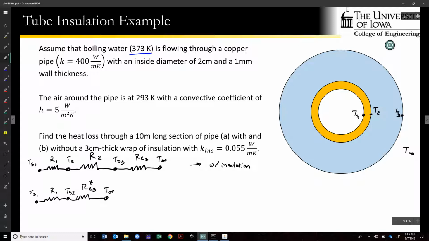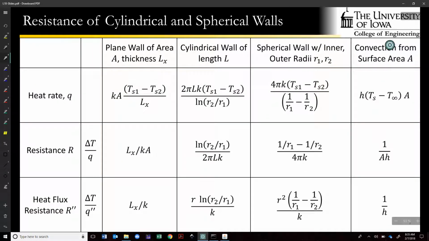Now this is the parting note from the last lecture. If you consider these two cases, we've got one with this insulated tube and one that is uninsulated. This RC3 term is going to be different between the two. The convective resistance is going to differ because, if we roll back to this slide, the convective resistance is a function of the surface area of the object.